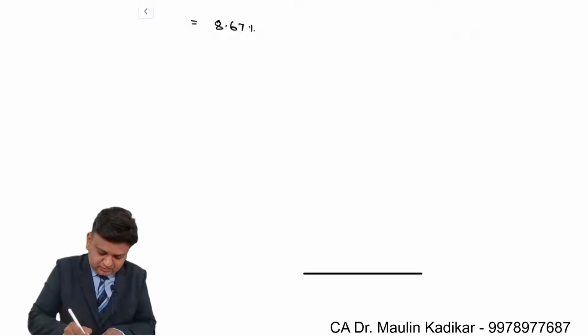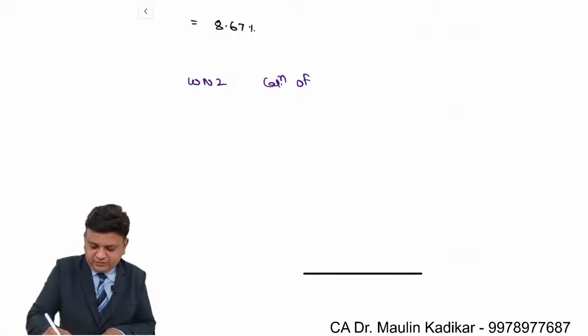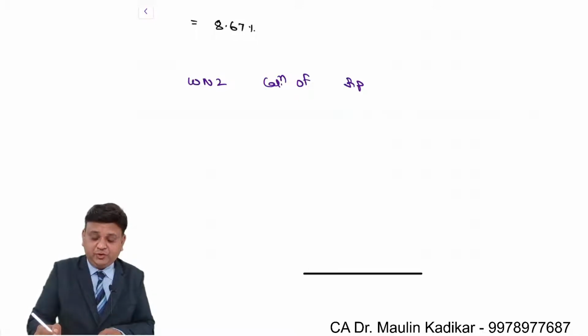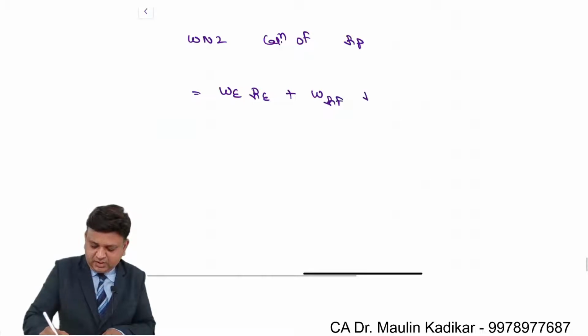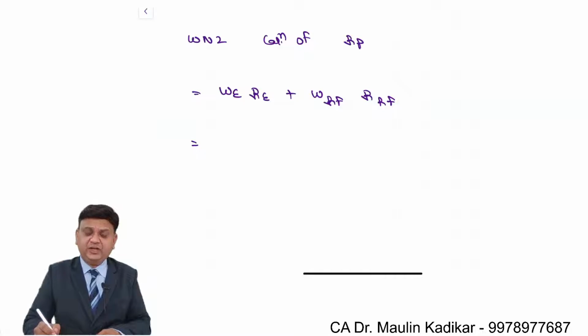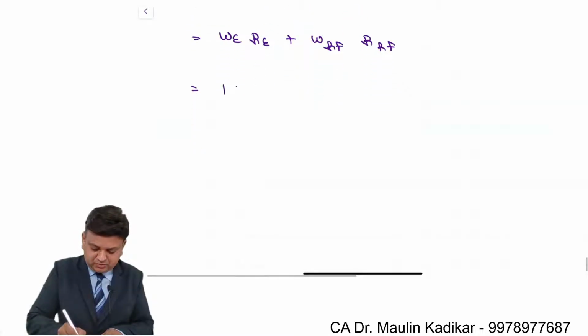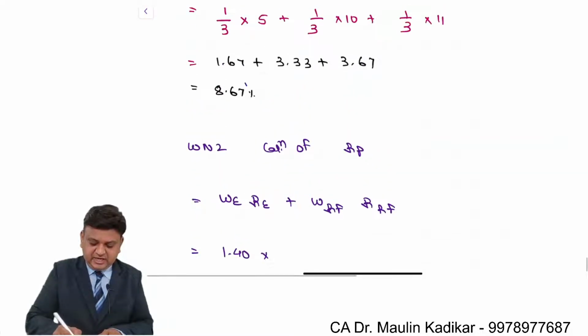Working note number 2. Calculation of return of the portfolio. It is weight of existing into return of existing plus weight of RF into return of RF. What is the weight of the existing one? 1.40. What is the return of the existing one? 8.67.